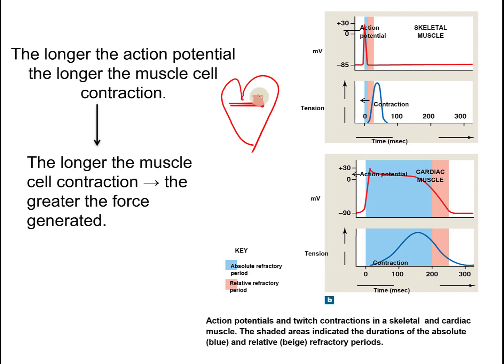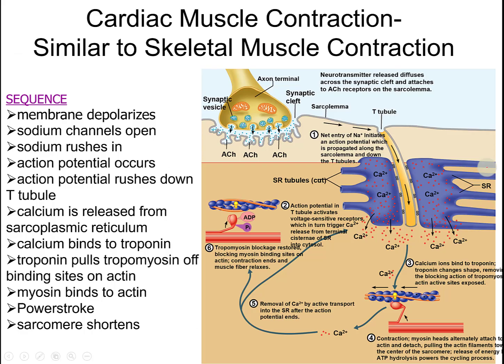Okay, so again, generation of this action potential, what happens next? Well, the same thing that happens in a skeletal muscle cell. So this is just from the skeletal muscle chapter. This is a neuron. Of course, you wouldn't have this in a cardiac muscle cell, but once you get an action potential, the same thing that happens in a skeletal muscle cell happens in a cardiac muscle cell. The action potential zips down the T-tubules.